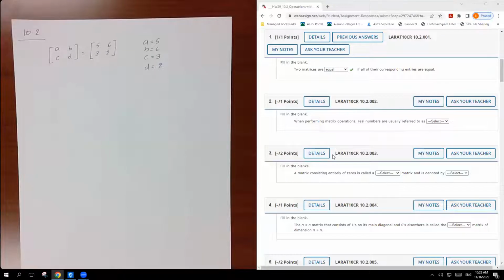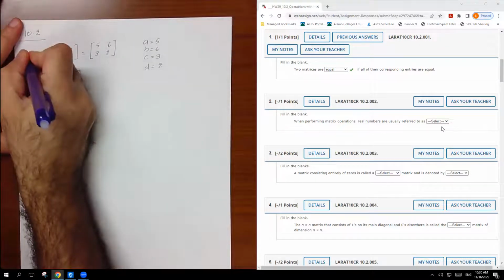For the second one, when performing matrix operations, real numbers are usually referred to as scalars. So when you see a scalar, that means this is a real number that is going to be multiplied by the matrix. For example, this is for number 1.